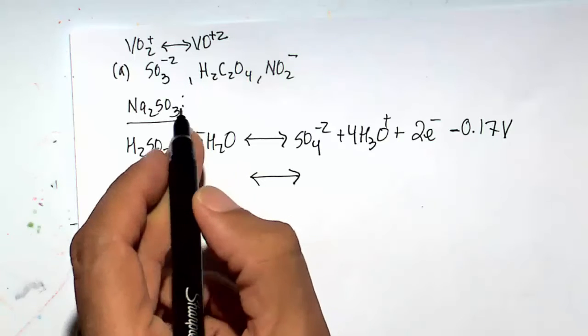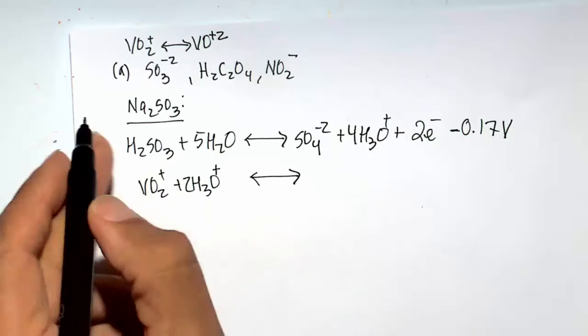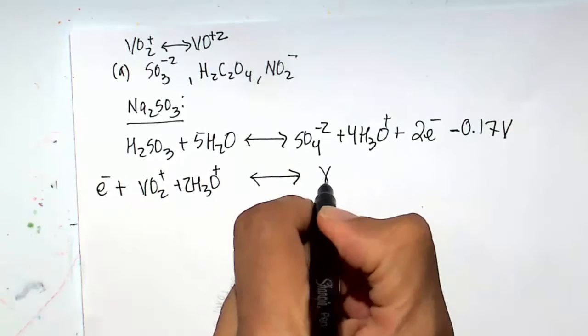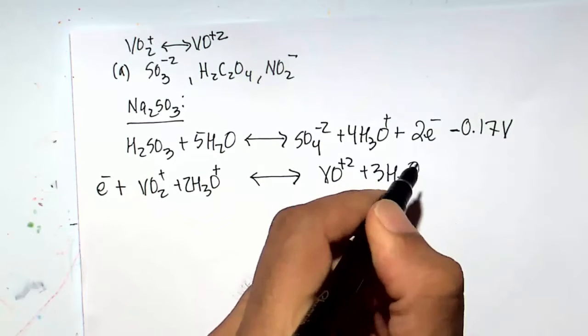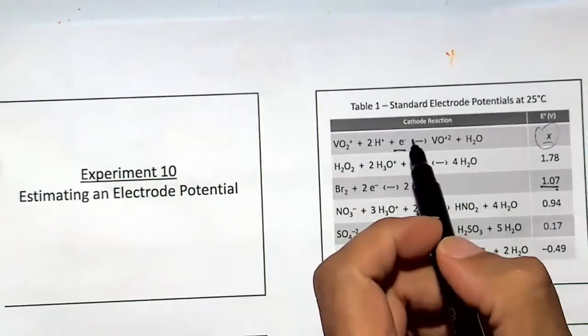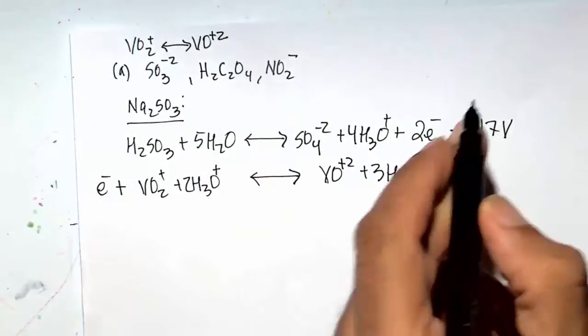So that actually makes this 2 H3O+ plus e-, and that goes to VO2+ plus 3 H2O. Okay, and this is a reduction reaction, gaining 1 electron. That's going to be X.